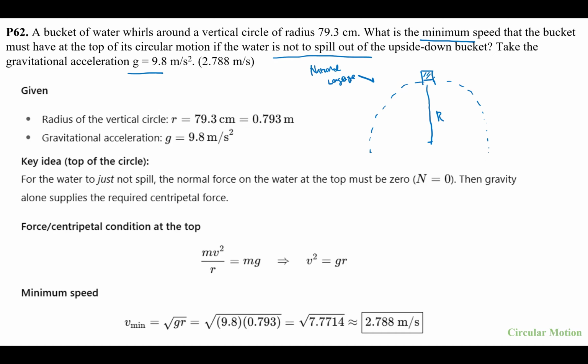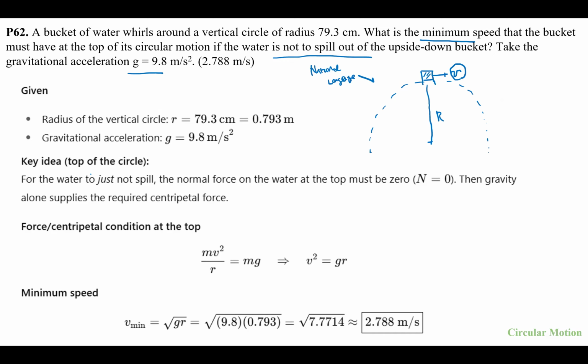And then it is doing some kind of a velocity there. Okay. So this is the situation. And then they are trying to ask what is the V such that water does not spill out.